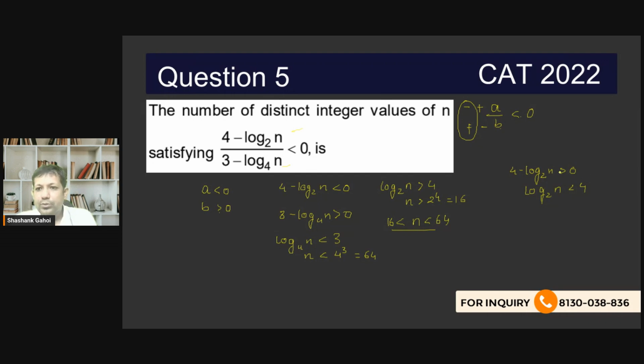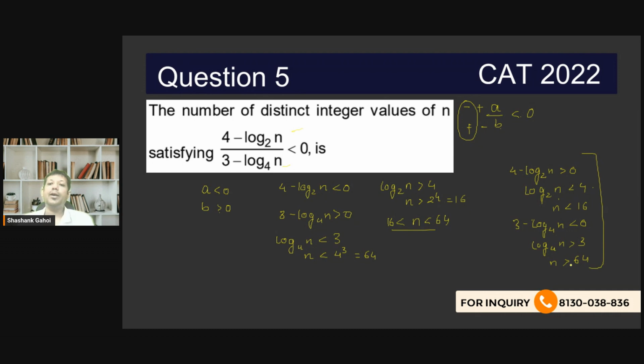So n should be less than 2 to the power 4, or n should be less than 16. Okay, that's fine. Now second, 3 minus log base 4 of n is less than 0. It means log base 4 of n is greater than 3. It means n is greater than 4 to the power 3, or 64.